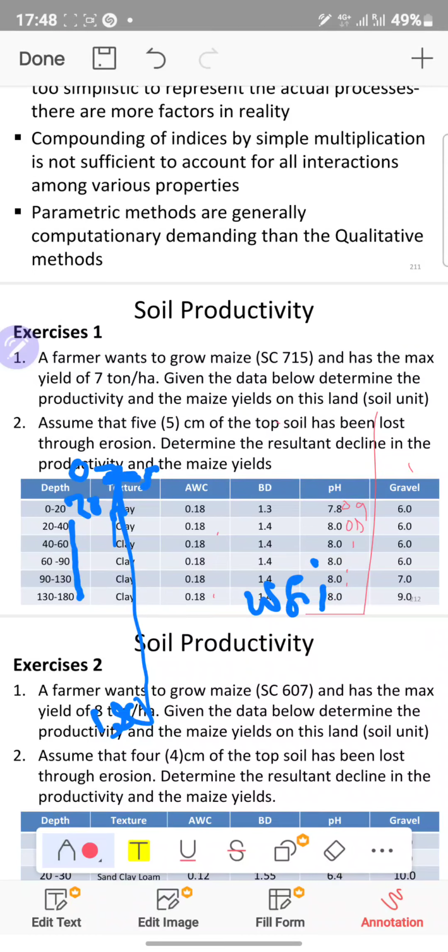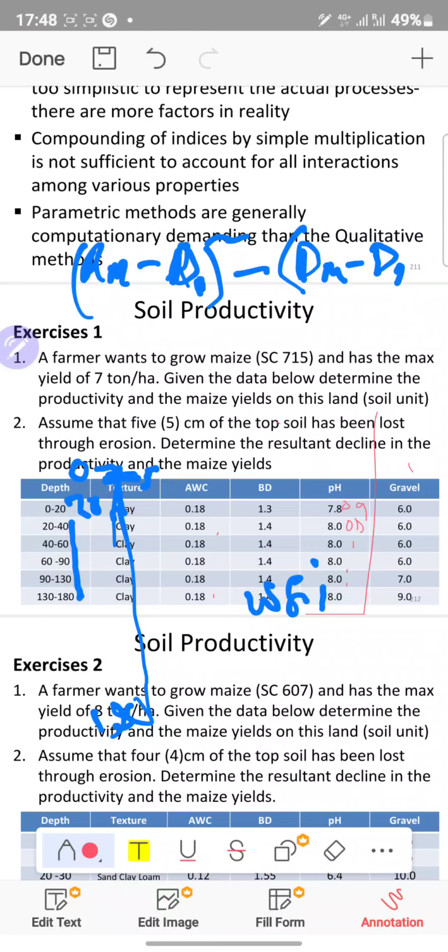So you need to start calculating WFI, and we know the formula is simply D max minus D1, squared, minus D max minus D2 over 100, over D max squared.